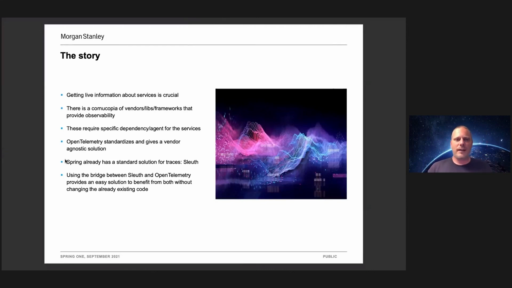So getting live information about our services is crucial, especially if we don't know and we shouldn't actually care where our service is running, but we require the information what the service or application is doing. So basically to be able to get information upfront to prevent certain things from happening, for example, running out of space.